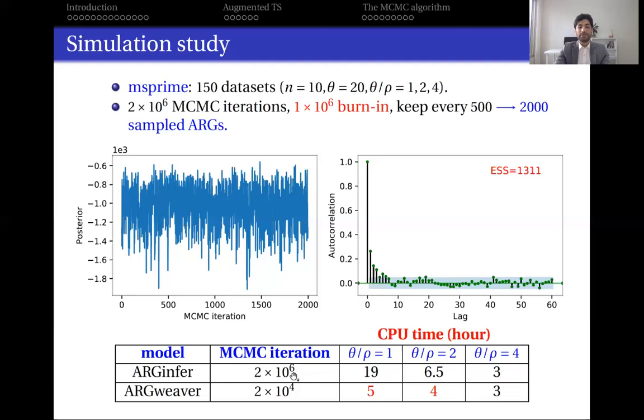For 2 million iterations of ARGinfer, for ratio 1, we need 19 hours, but ARGweaver for 20,000 iterations requires 5 hours. And for ratio 2, it's 6.5 and 4 for ARGweaver. Ratio 4 is kind of similar, but in general, ARGweaver is faster than our method.